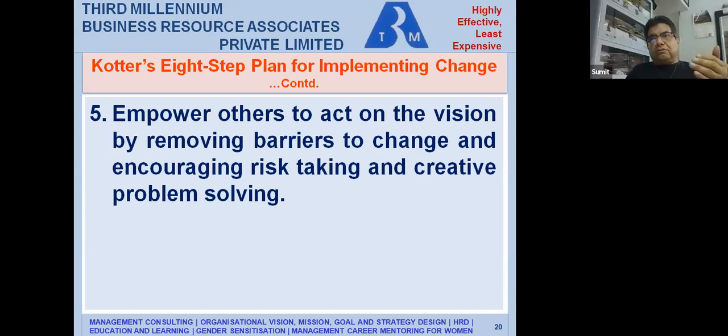The 5th step in Kotter's model is to empower others to act on the vision by removing barriers to change and encouraging risk-taking and creative problem solving, right?